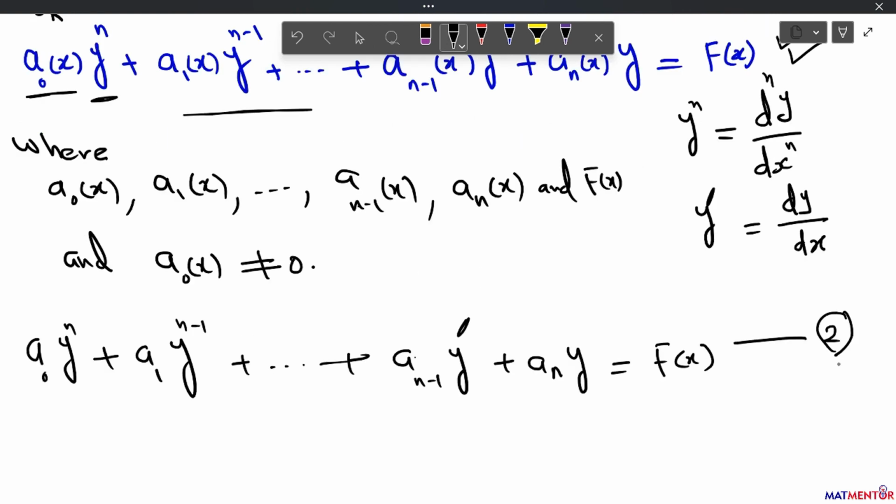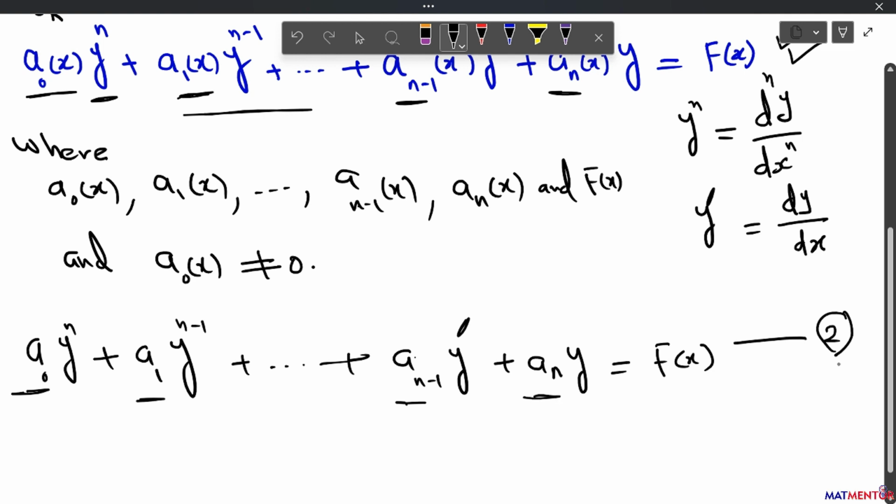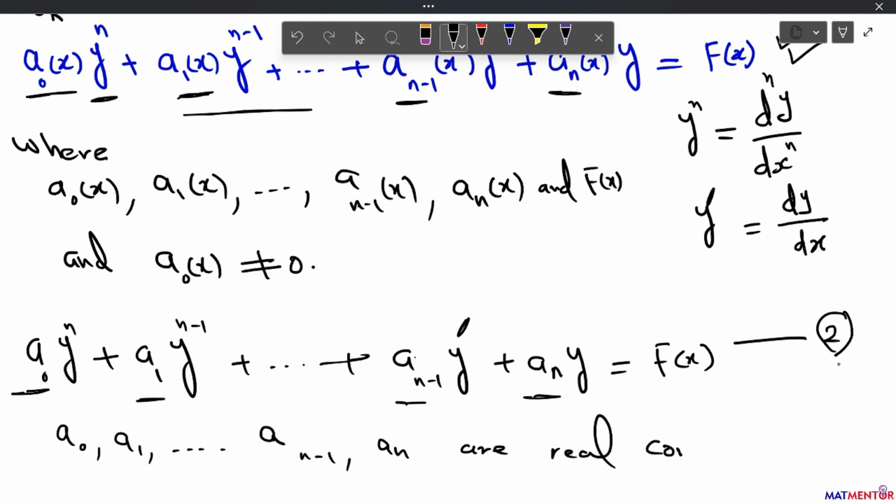The difference is that equation 1 is a linear differential equation with variable coefficients. However, in equation 2 we can see that these coefficients are not variable. They are constants, real numbers. So a0, a1 up to a_(n-1), a_n are real constants.